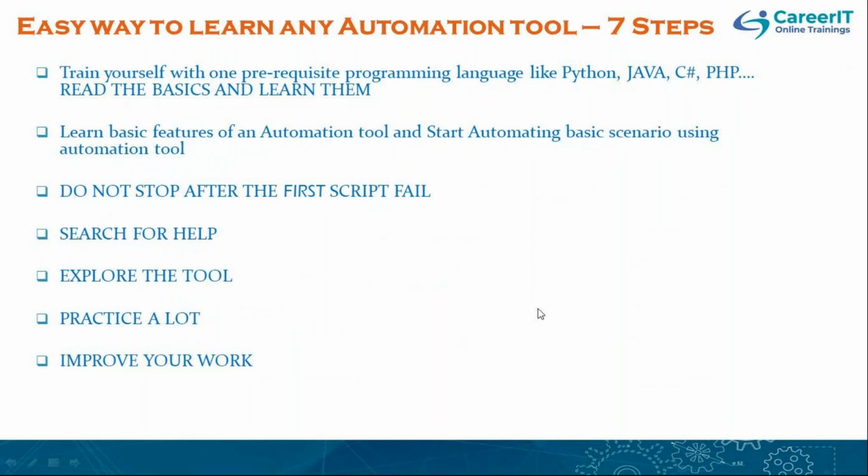Okay, so this is the easy way to learn any automation tool. If you follow these 7 basic steps, we can learn any automation tool very easily. First, suppose you are going to learn Selenium. Selenium supports multiple programming languages like Python, Java, C Sharp, Node.js, or PHP, right? So first you need to pick whichever programming language you want to use, like Selenium with Java, and learn the core concepts of Java which are required for your Selenium test automation.